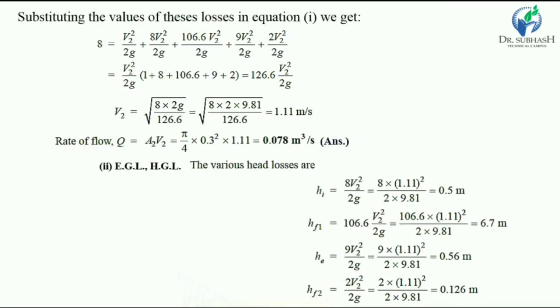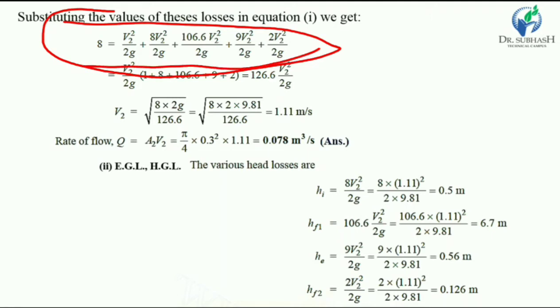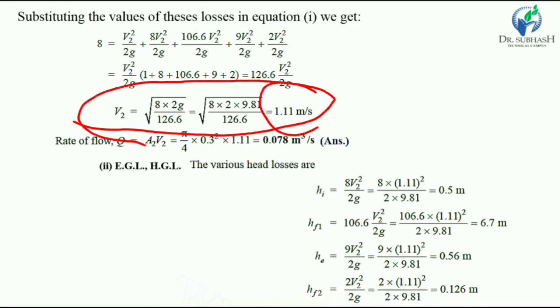Okay. Now in Bernoulli's equation, we put all values in the form of V2, and all head losses are placed as shown in the slide. All the values are known except V2, so we get the value of V2 from this relation: 1.11 meter per second.